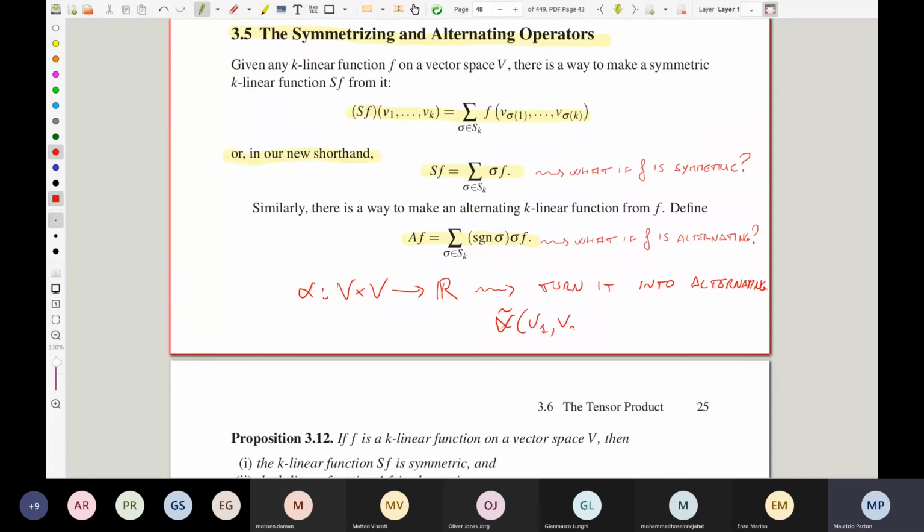You should tell me what this is, using alpha. Can somebody answer this? Ten seconds to answer before the solution appears.